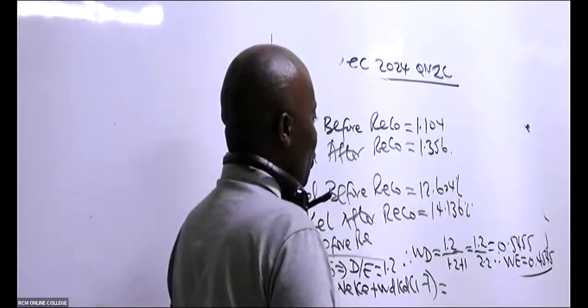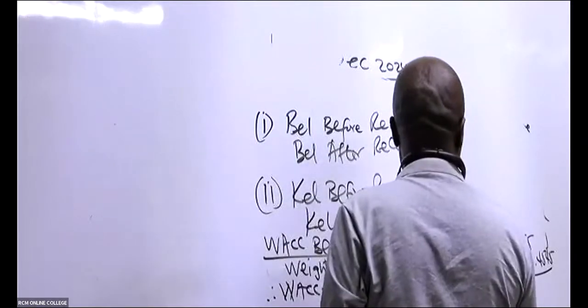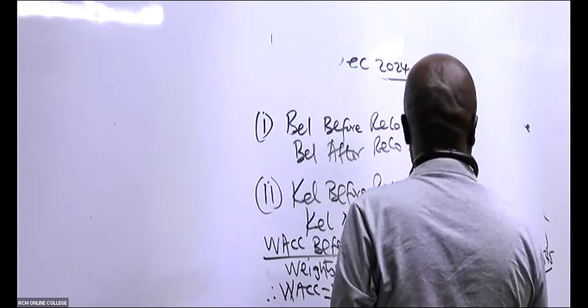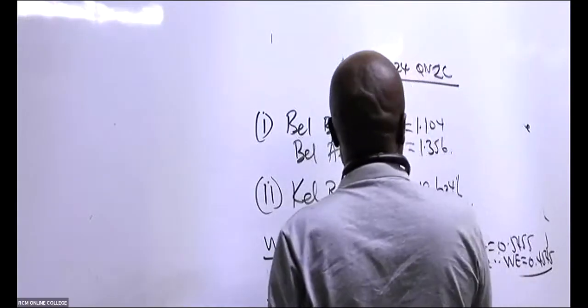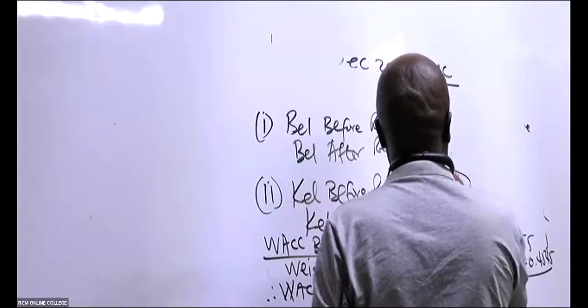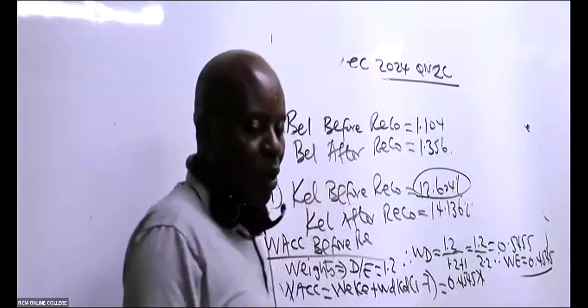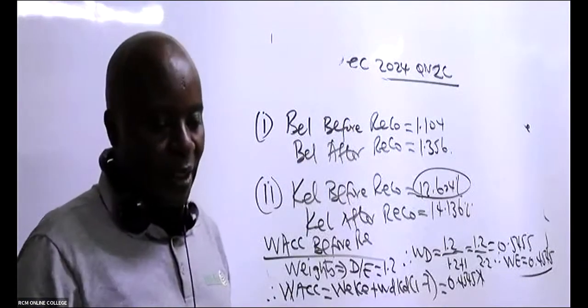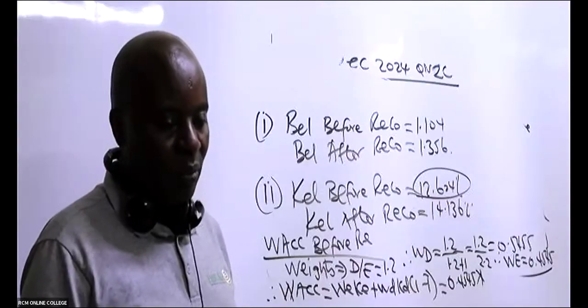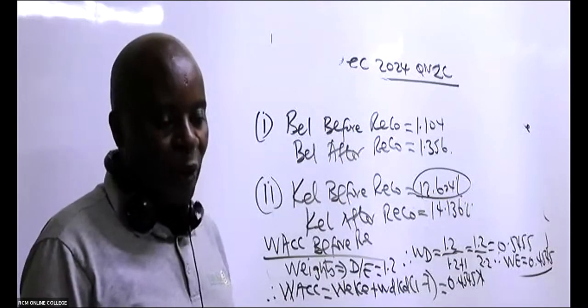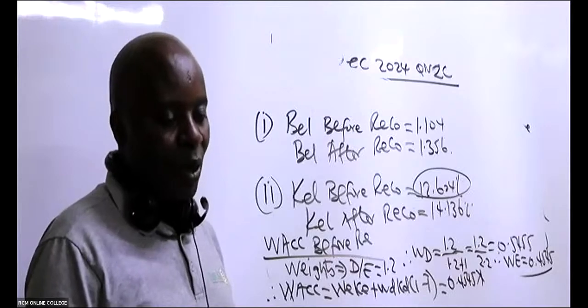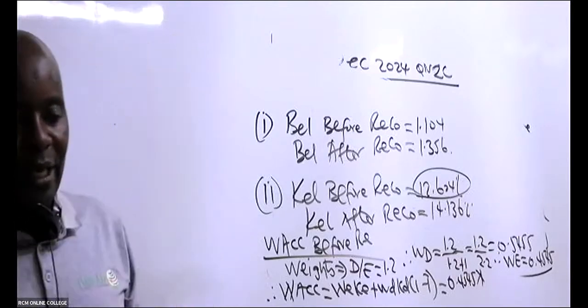So then give me the weight of equity, 0.4545 times cost of equity before. Cost of equity before, there are guys who are saying this is wrong. What is the correct one?